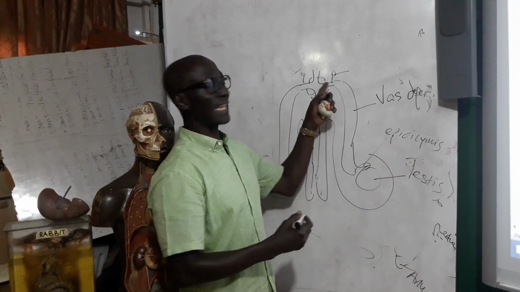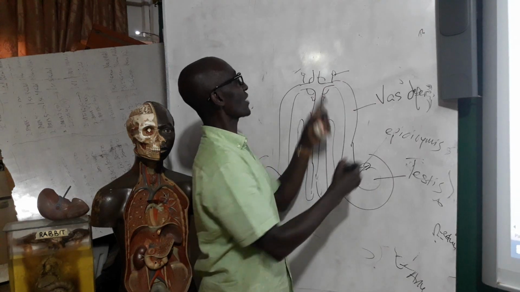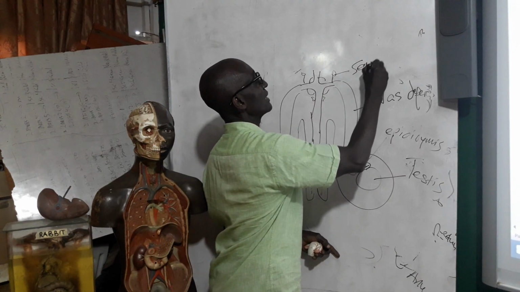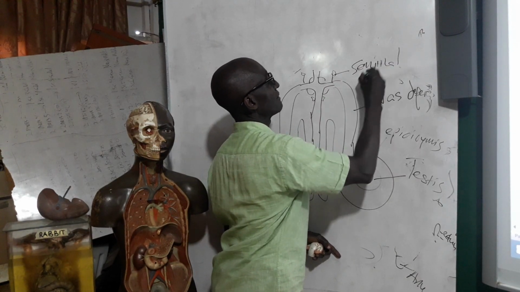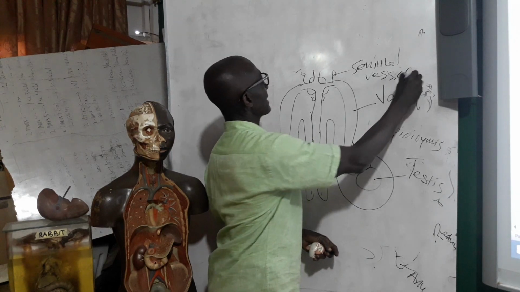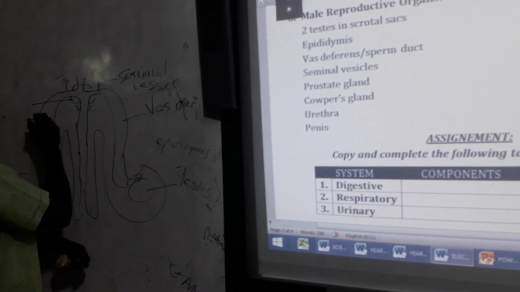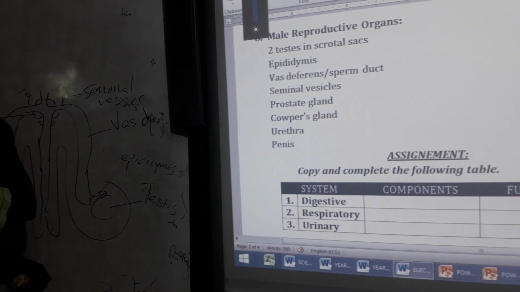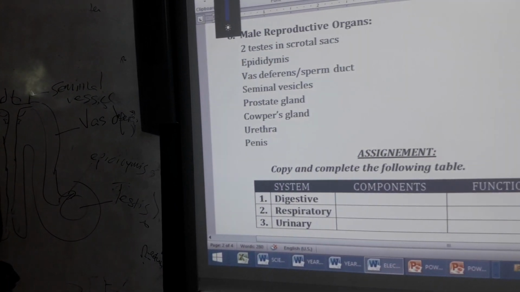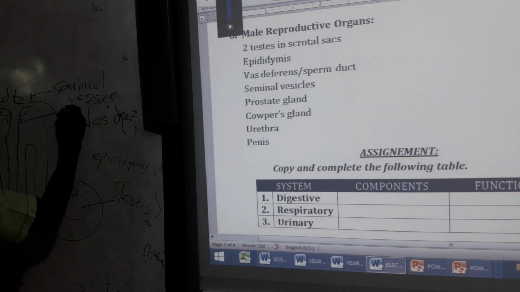Before sperms are discharged outside, I said earlier, they are nourished, meaning they are fed by a fluid produced by 3 major important structures. The first one is called the seminal vesicle. The second is called the prostate gland, and then we have the third one as the Cowper's gland.